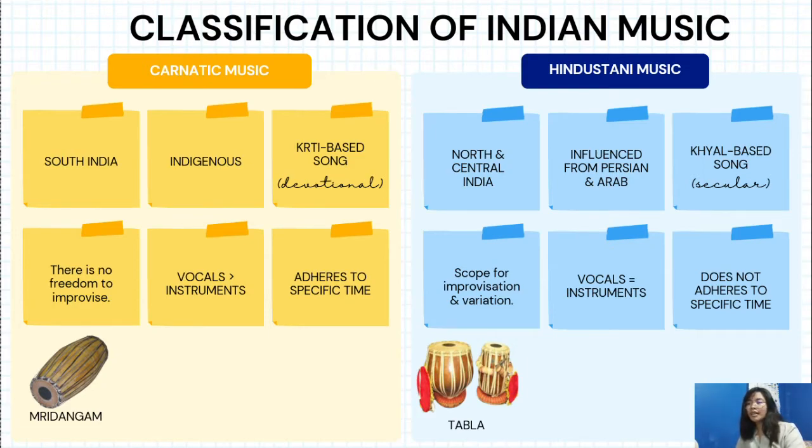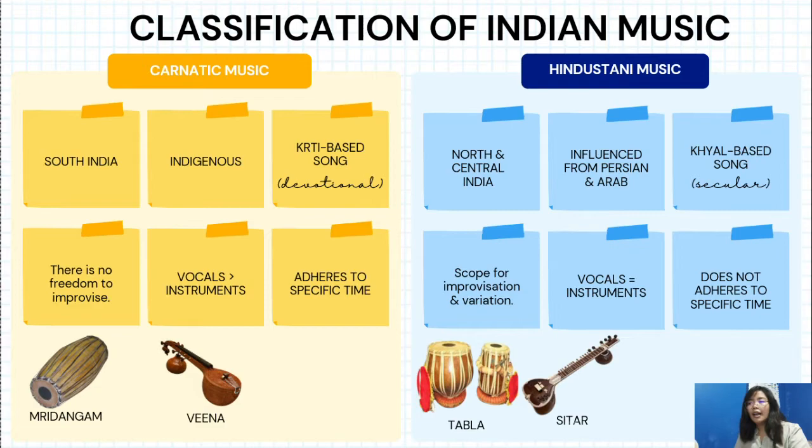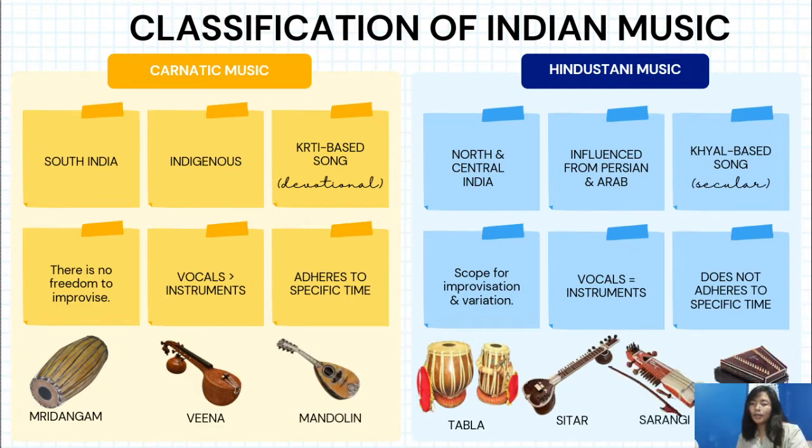Okay, for the string instrument, we have the veena, and then for the Hindustani, we have the sitar, and then mandolin for the Carnatic, and the Hindustani, we are using sarangi and santoor. The other instruments that we have discussed last week can be interchangeable.